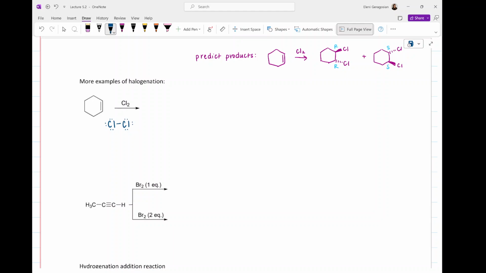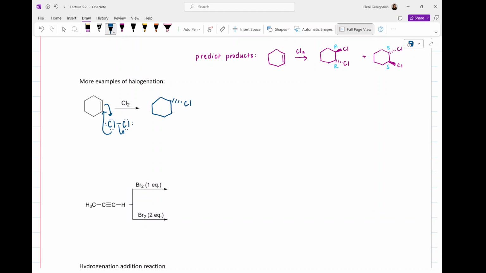And the first step involves the double bond creating a bond to a chlorine, the chlorine to chlorine bond breaks, and the same chlorine that receives electrons from the pi bond also creates another bond to that, and that's how we get that three-membered ring.